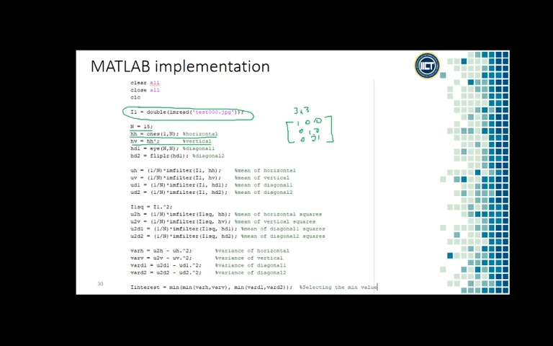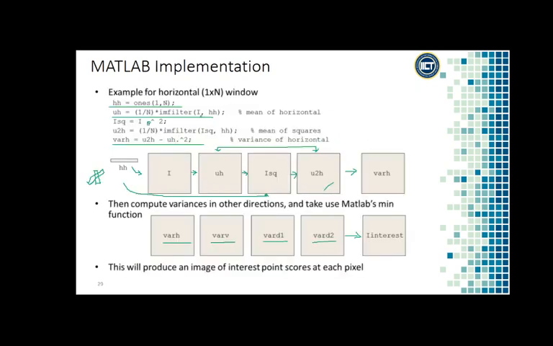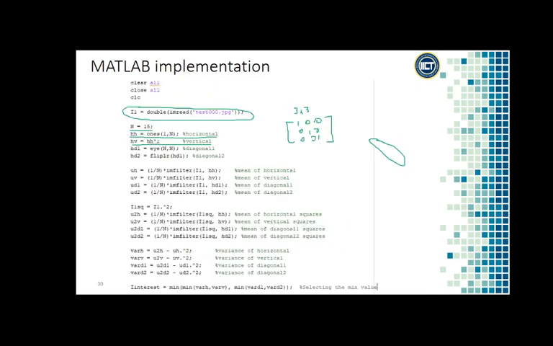The diagonal elements are 1 and all other elements are 0. So you will only get a diagonal response like this. This is the first diagonal filter and this is the second diagonal filter. What we are doing is applying the filter in the horizontal direction, vertical direction, diagonal direction 1 and diagonal direction 2.